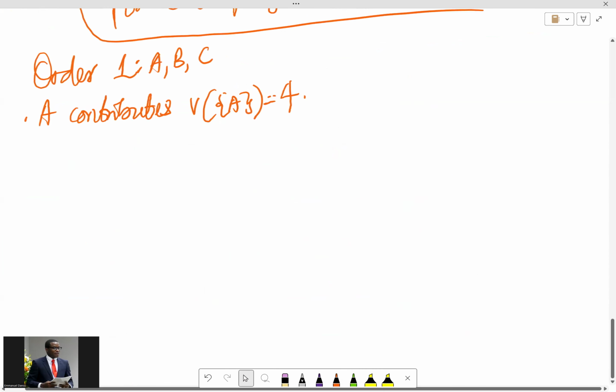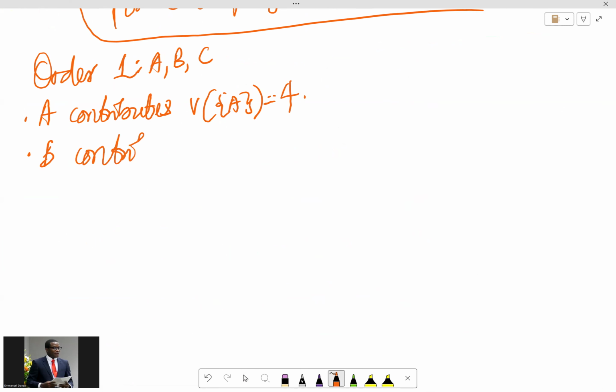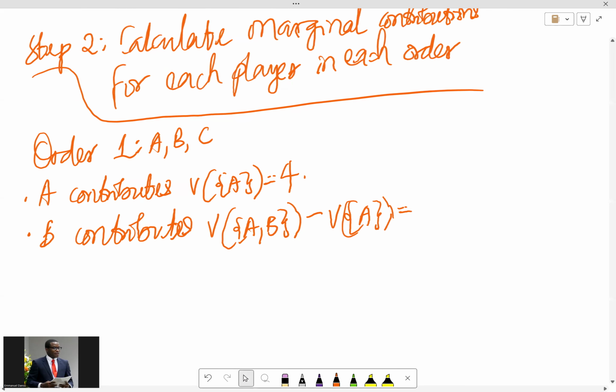And then as B joins, B contributes V of the coalition between A and B, that's V of A, comma B, minus the value that only A brings in.